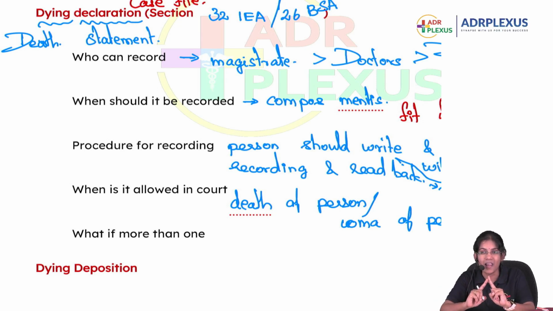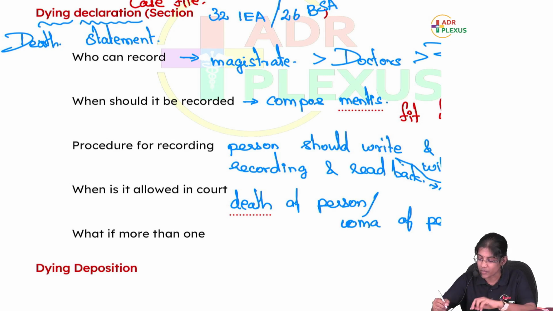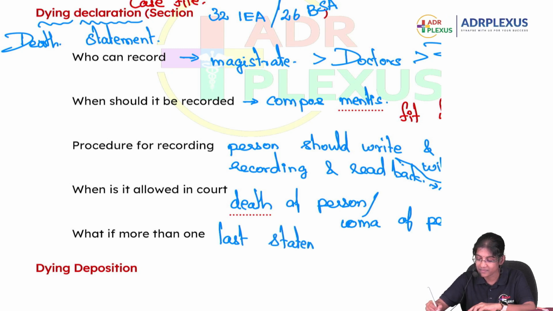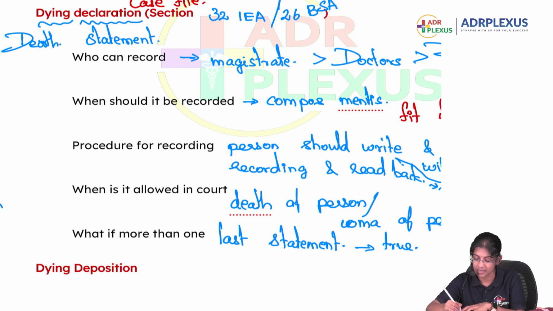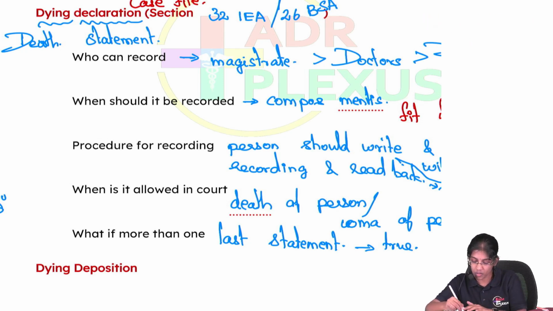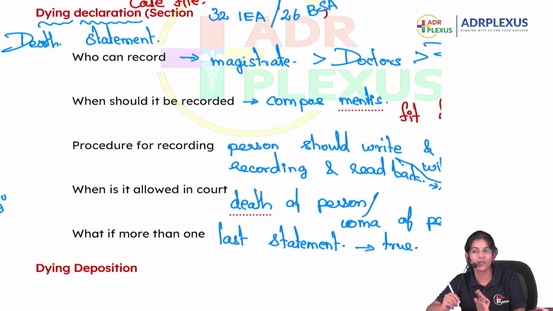The last statement is considered the true statement. But having said all those things, it's important to understand, just because A said B murdered him, it is not that B is immediately arrested. The whole dying declaration has a value similar to that of a statement to the police.